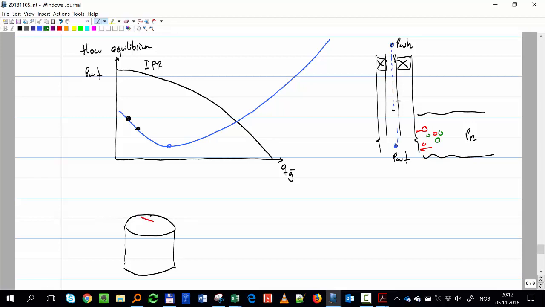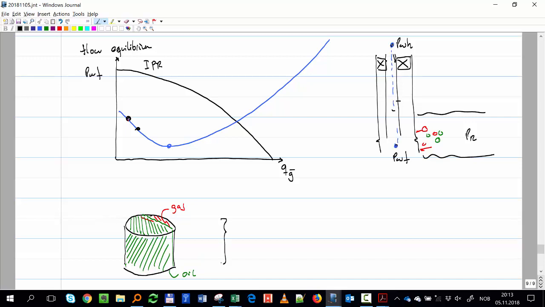I'm going to put oil in this color green, and this is gas. The oil goes very slow because it's heavy and doesn't have much speed. And the gas can go a bit quicker because it's lighter and can flow a little bit quicker.